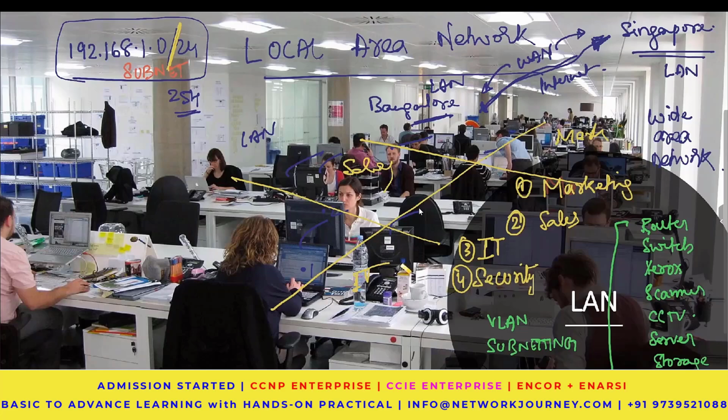And if you want to understand from a high level, let's say I have a network rack, okay, let's say this is the network rack or this is my IT department.